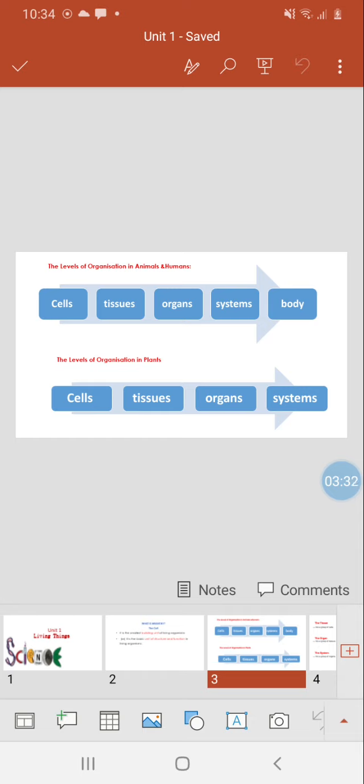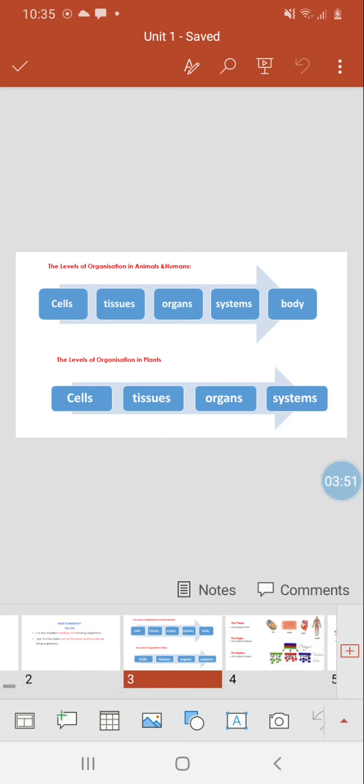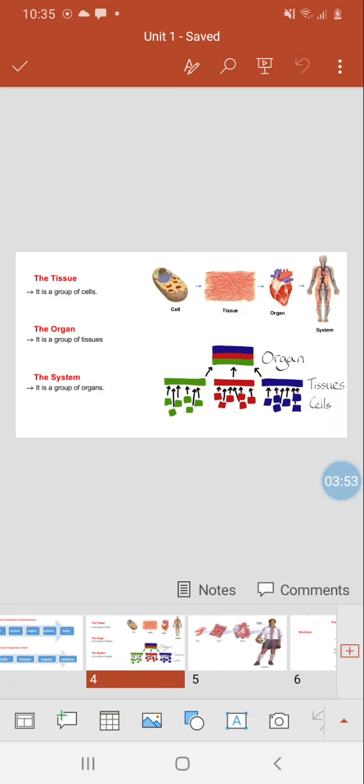Okay, so your body is made of a group of systems, and the systems inside your body are made of groups of organs, and the organs are made of groups of tissues, and the tissues are made of groups of cells. Okay, that's all about it.